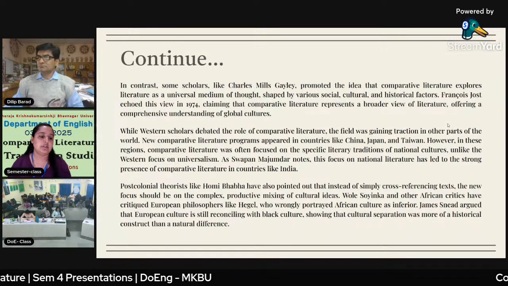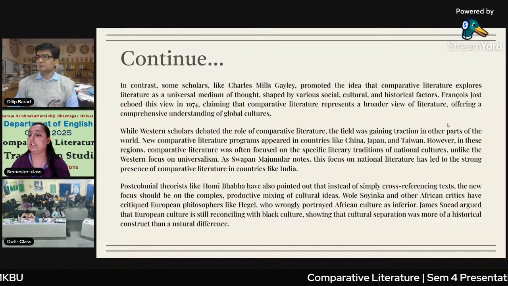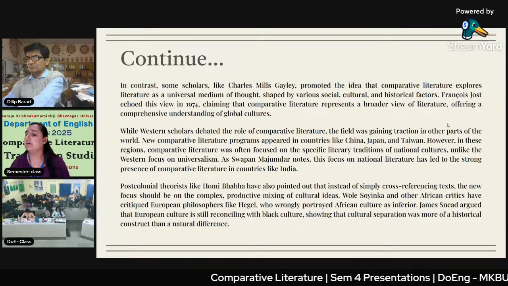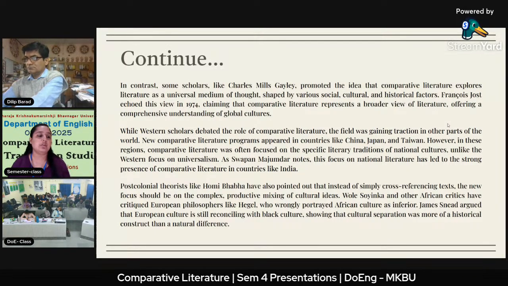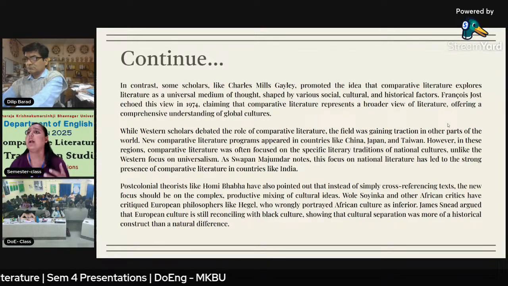Post-colonial theorists like Homi Bhabha have also pointed out that instead of simply cross-referencing texts, the focus should be on the complexity of the work and the literature.